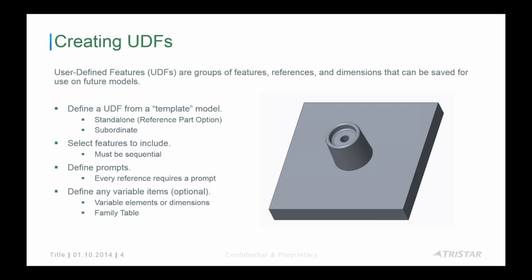When we're using features in the UDF that require references, we have to define prompts within the UDF to indicate what the user needs to select when placing the UDF. And then we have the option to define variable items, such as elements or dimensions, or even using family tables within the UDF.